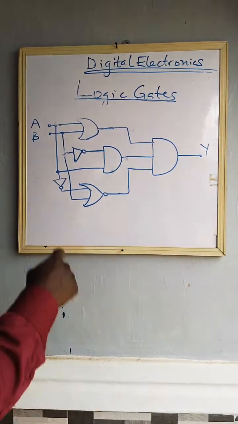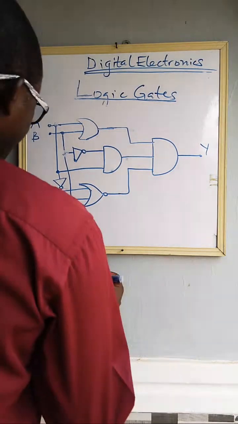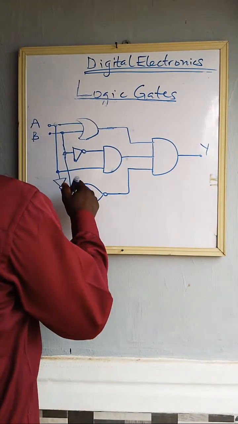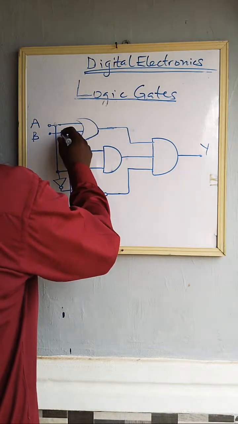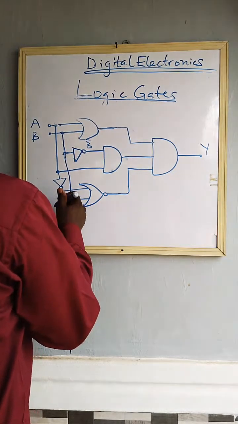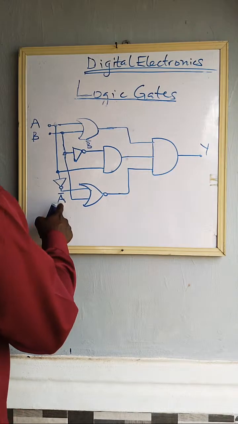All right. Now I want to look at what will happen to the gates and what will be the final output. What will be the final output? Okay. Now, intermediate positions, that's what we want to look at first. At this point, we have a B bar. At this point, we have an A bar.